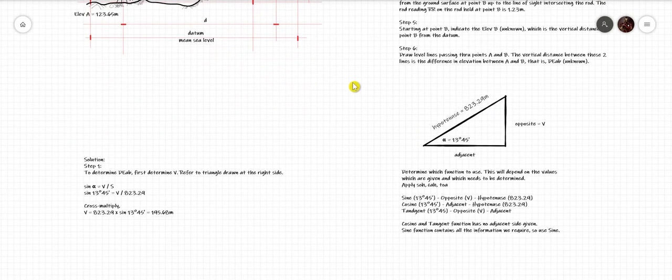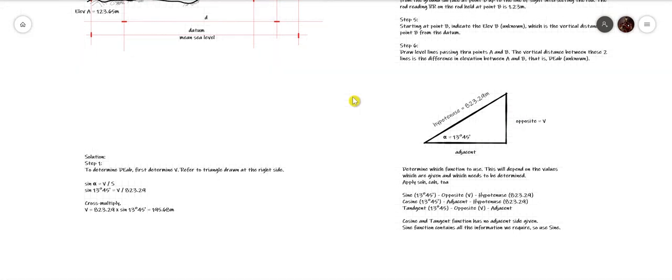Solution. Step 1. To determine dE sub AB, first determine V. Refer to the triangle drawn at the right side. Sine alpha is equal to V divided by S. Then, sine 13 degrees 45 minutes is equal to V divided by 823.29.